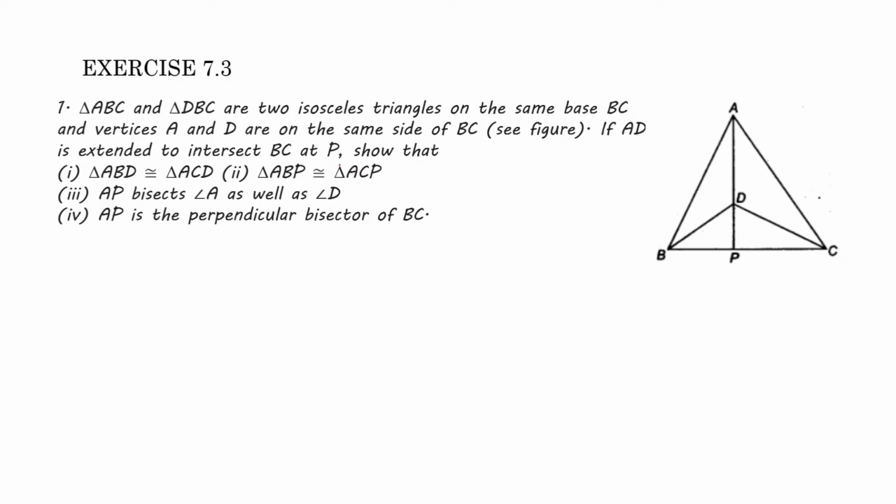Triangle ABP is congruent to ACP. AP bisects angle A as well as angle D, and AP is the perpendicular bisector of BC. It's given that both triangles ABC and DBC are two isosceles triangles. So we could say side AB is equal to side AC and side BD is equal to side DC.